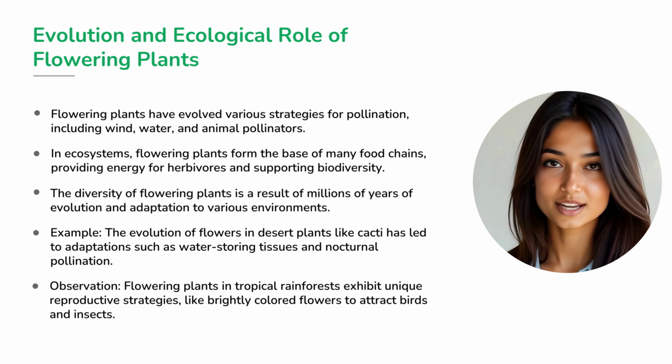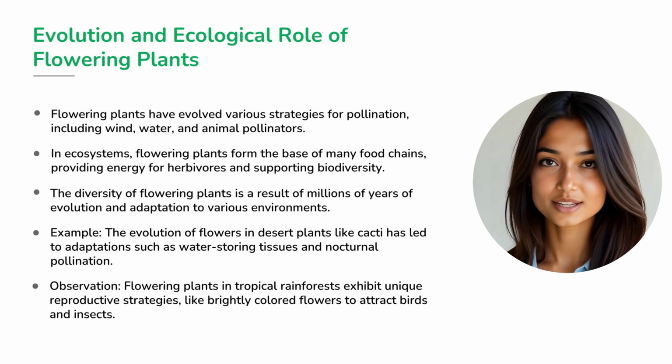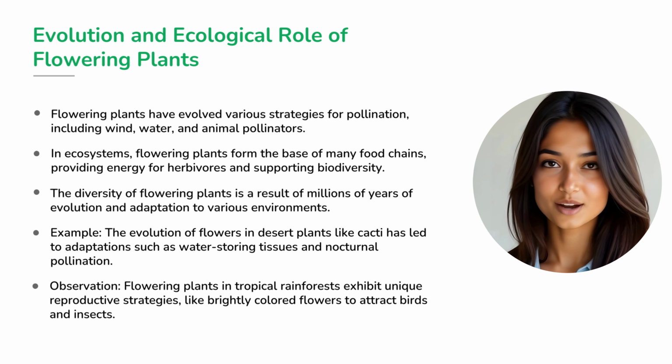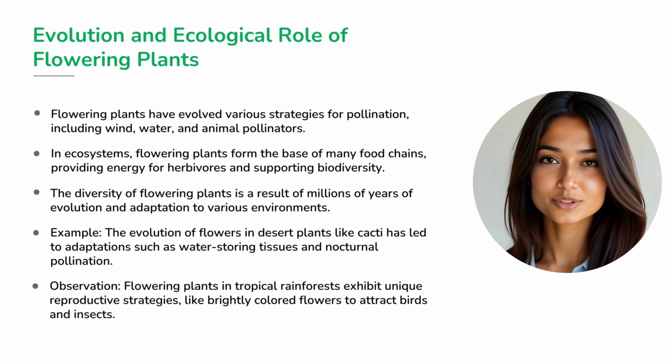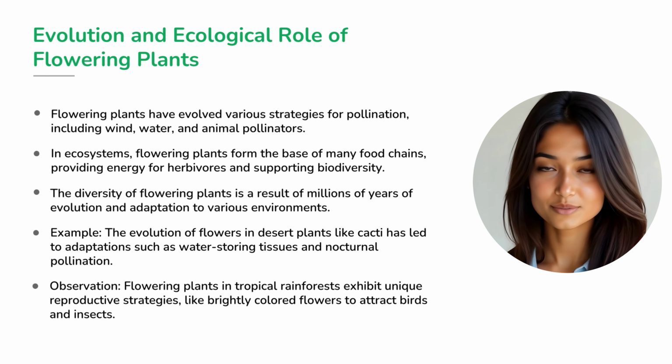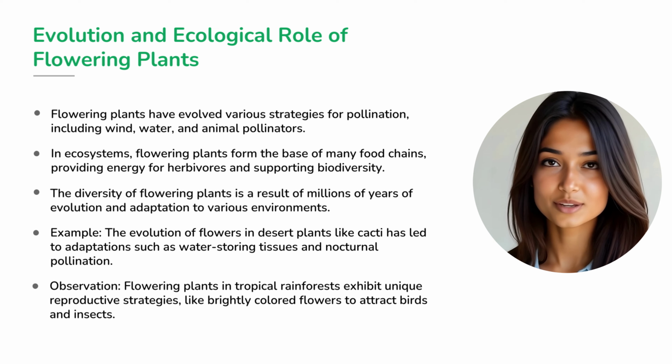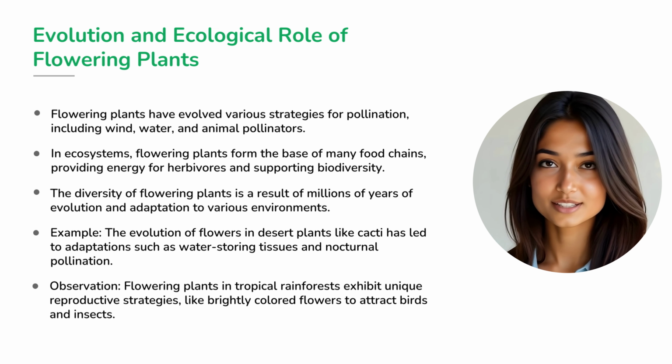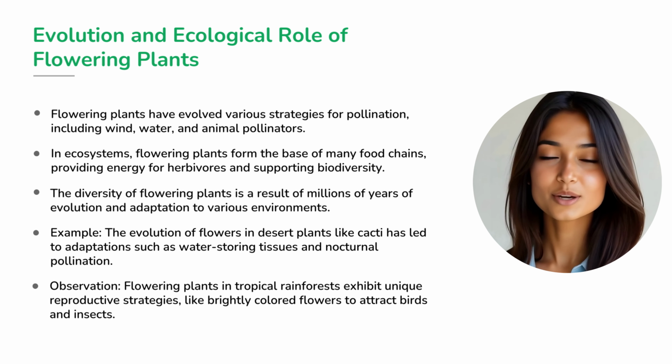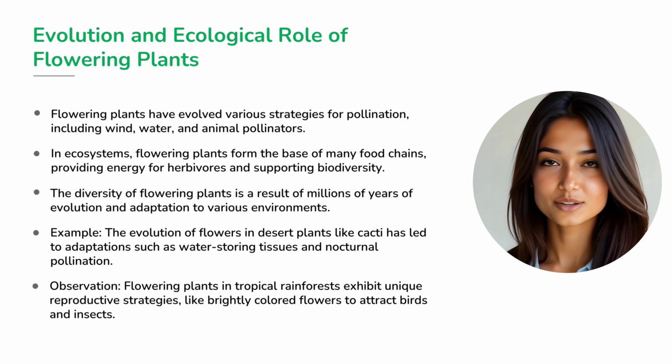Let's not forget how they've evolved. Over millions of years, flowering plants have adapted to different environments, from deserts to rainforests. For example, some desert plants have evolved flowers that bloom only at night to conserve water and attract nocturnal pollinators like moths.